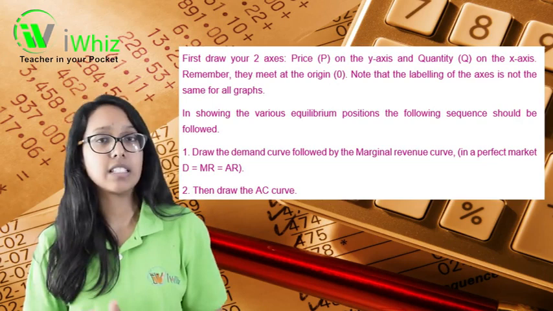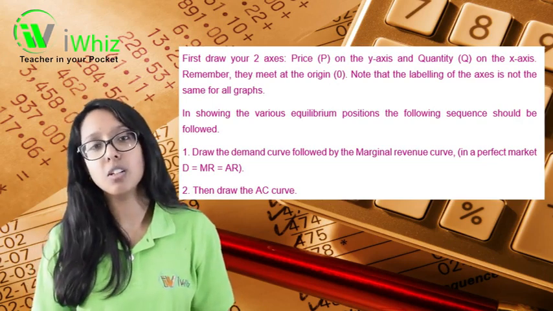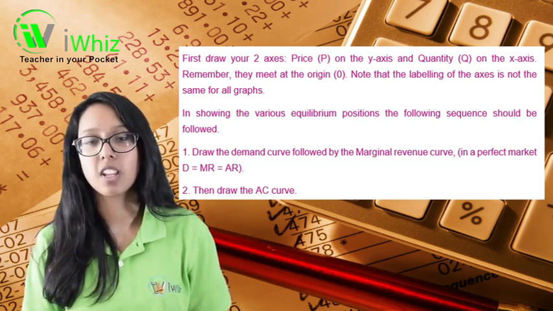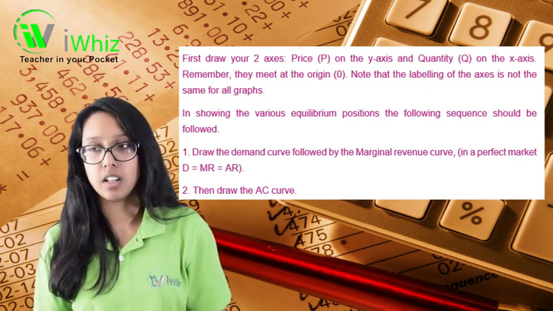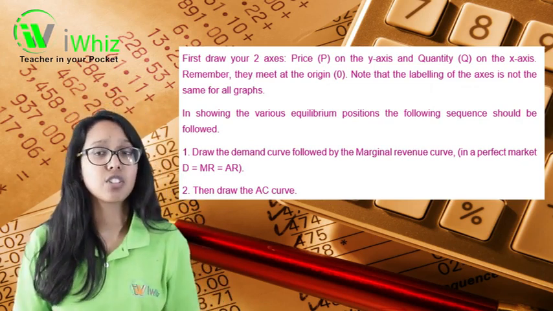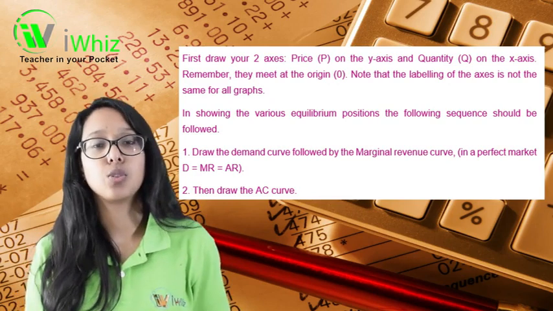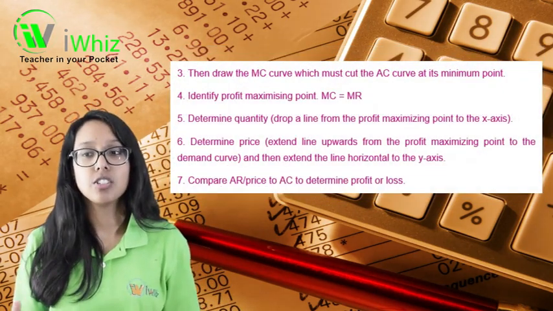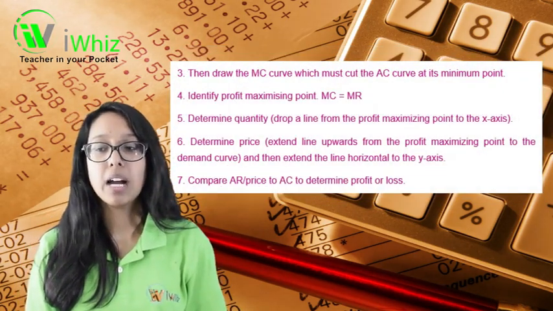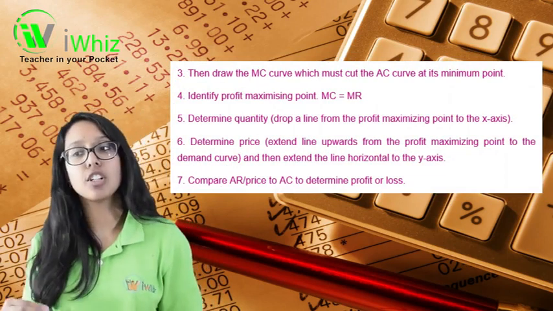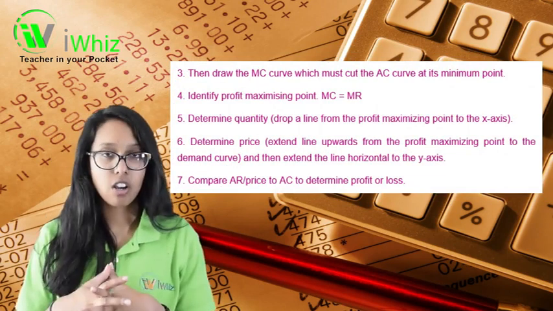So this is noted as D = MR = AR. Then you would draw your AC curve, which is your average cost curve. Then you would draw your marginal cost curve, which must cut the average cost curve at its minimum point.